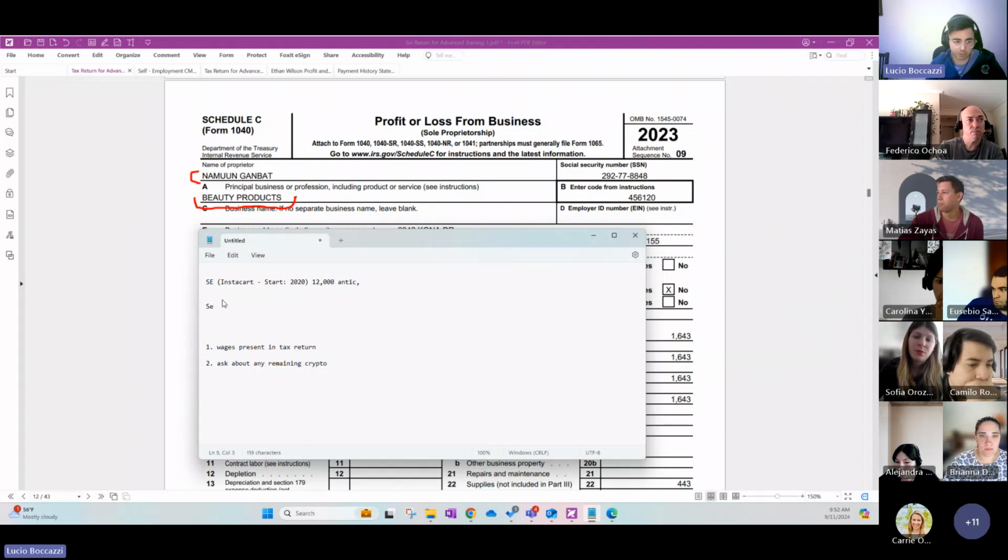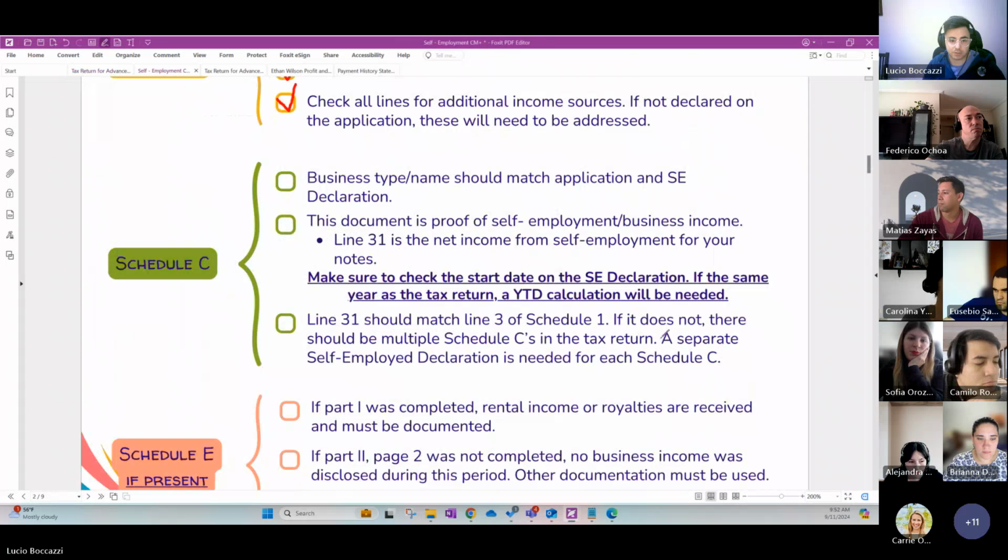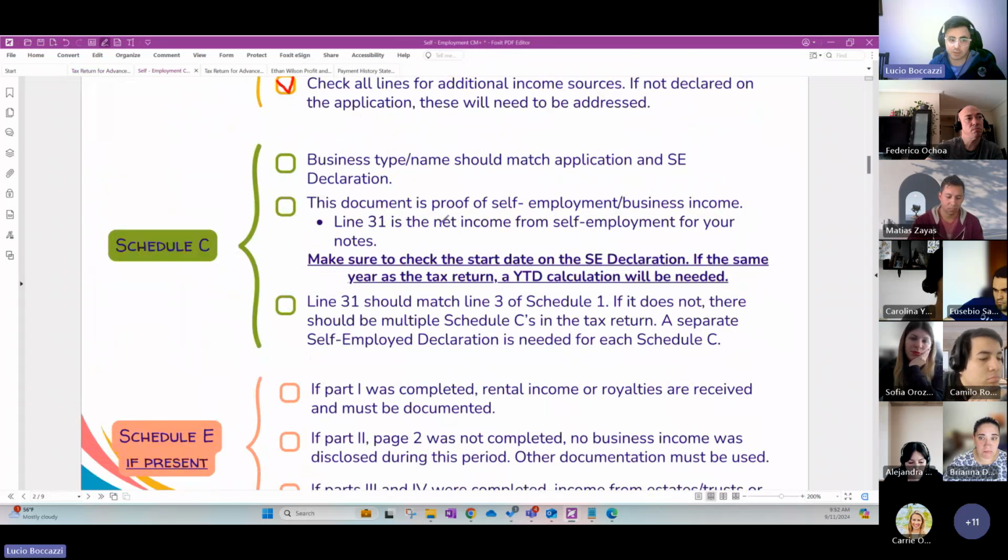So I'm going to write it down in my notes. Just like that, just to make it simple. Since we don't have a self-employment declaration for this one because it was not added to the application, we'll leave it as pending. And then in line 31, that is the one that tells me the amount.